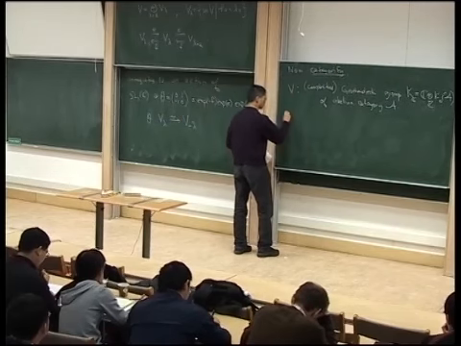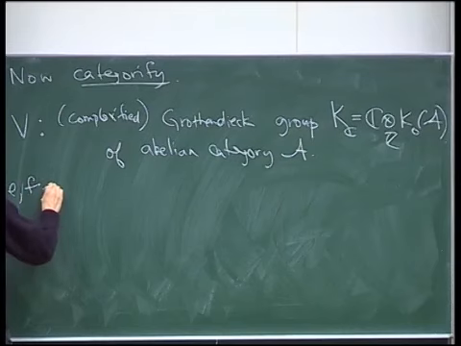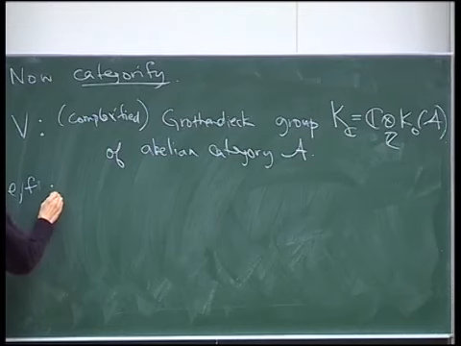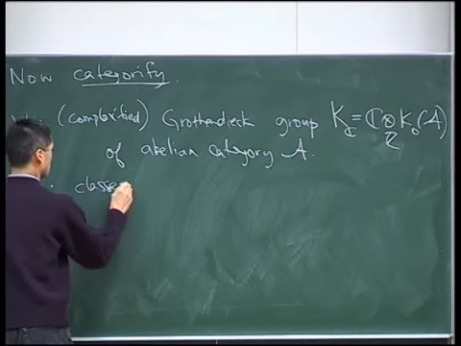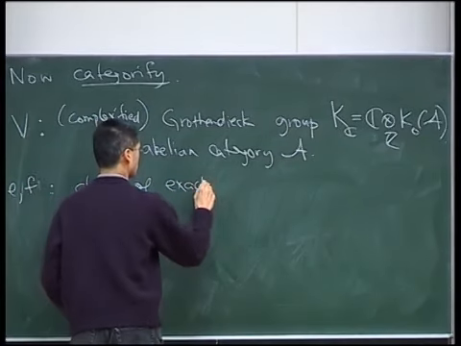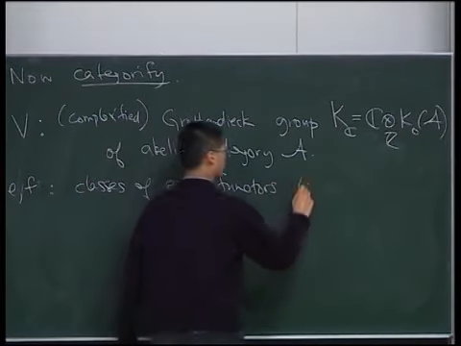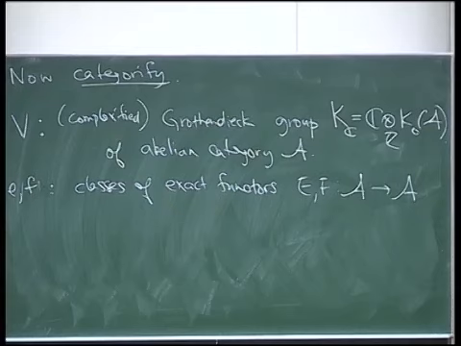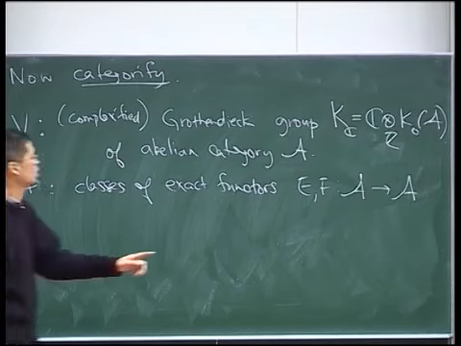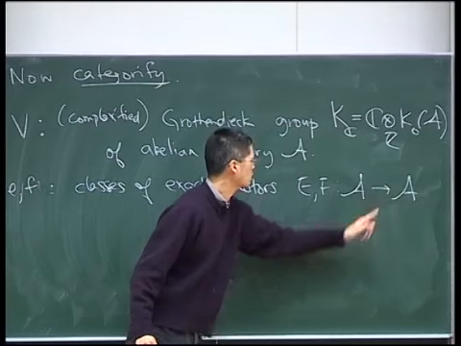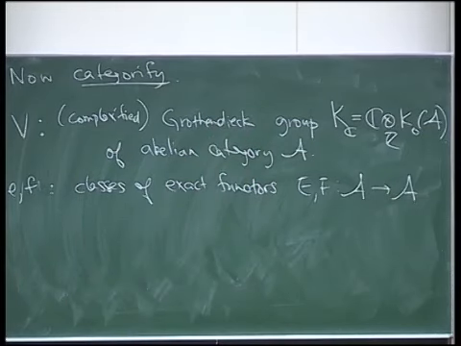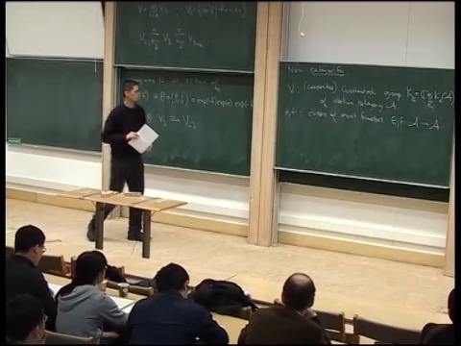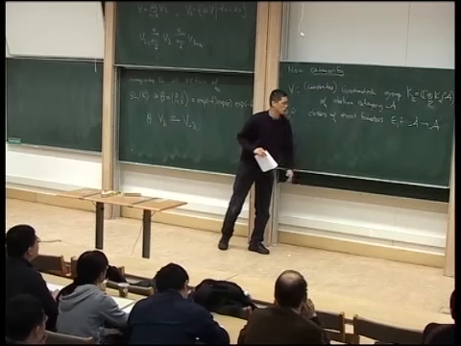So the operators E and F are going to be the classes of exact functors from A to itself. Of course, we need an exact functor in order to induce a homomorphism on the Grothendieck group. Of course, we could always derive the functor and go to the derived category, but we're going to just assume that we have exact functors in the first place.